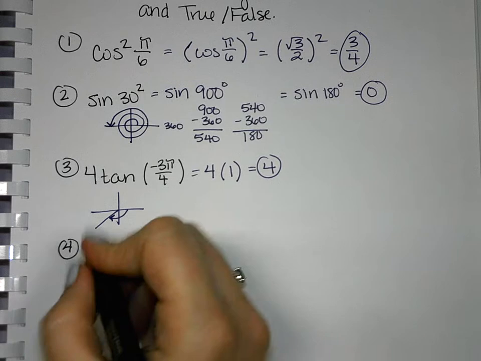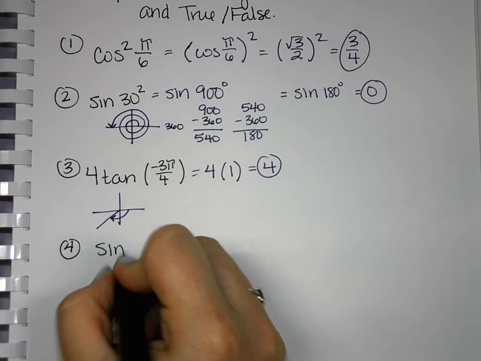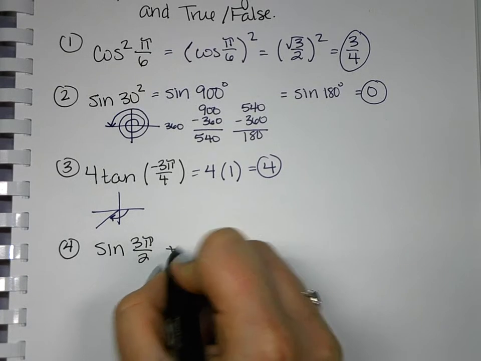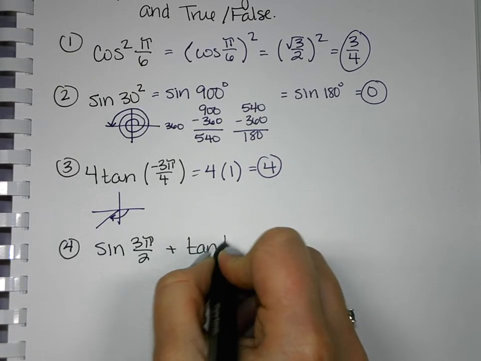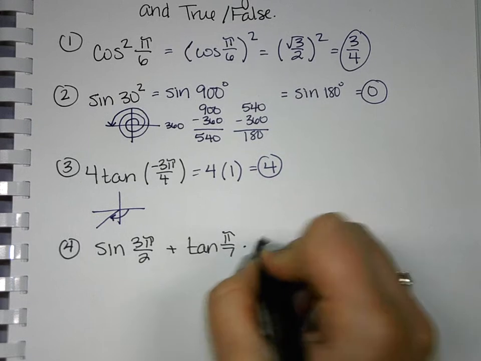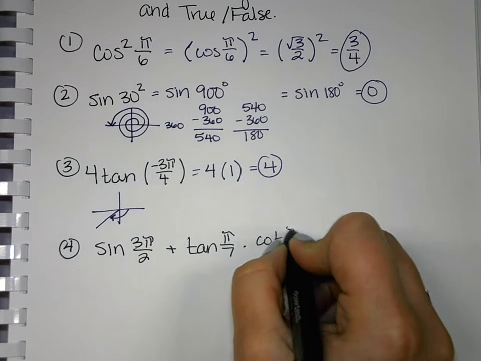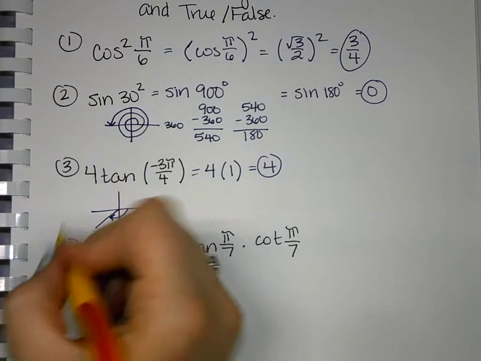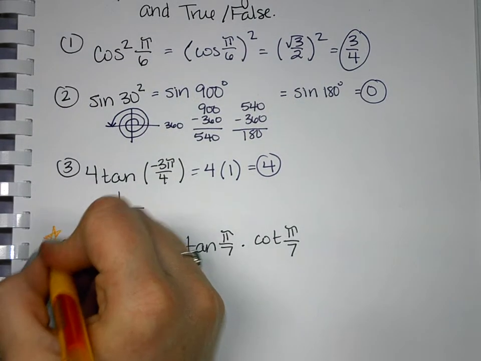Okay, if we look at number 4, sine of 3 pi over 2 plus tangent of pi over 7 times cotangent of pi over 7. So here's one, and I want you to star it because this one is similar to a test question that we have.